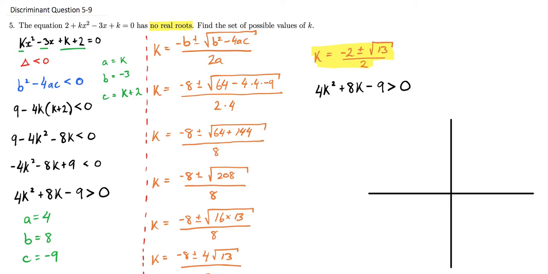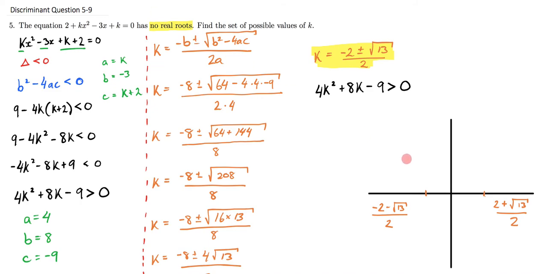So let me do this in blue. Let me do it in orange. So I'm going to have something here. So this spot here is going to be -2 minus the square root of 13 over 2. And over here will be -2 plus the square root of 13 over 2.